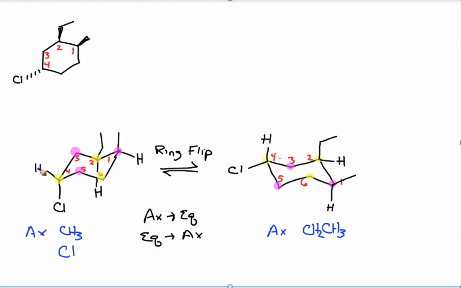So this conformation suffers from 2 sets of these 1,3 diaxial interactions. This conformation here only suffers from 1 set of axial 1,3 interactions. From that, we can say that this conformation is the more stable conformation.